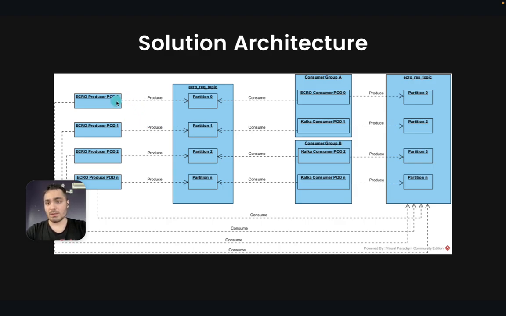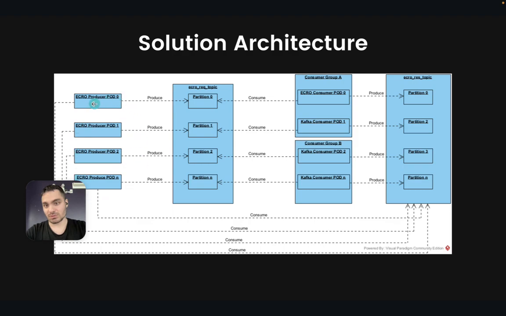The producer is the system that the user sends his request to. So the user sends the request to the ECRO producer, which is deployed in Kubernetes as pods and managed by a load balancer.